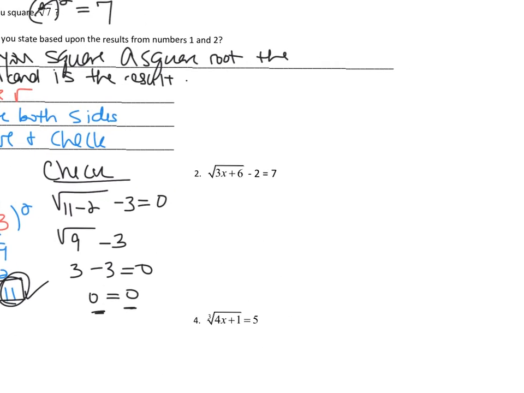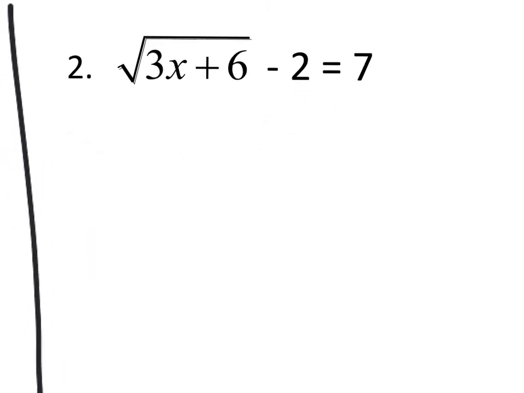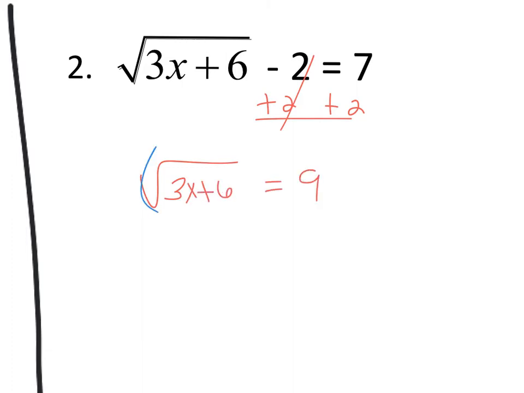So I suggest pausing the video and trying this on your own now. And if you have already tried it, you can unpause it. So first step is to isolate the square root. So add over the 2. You get 9. Second step, square both sides.